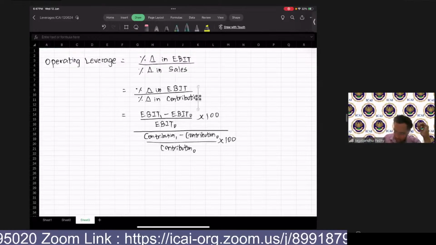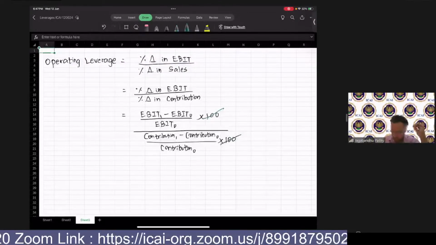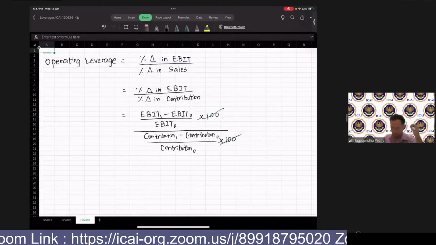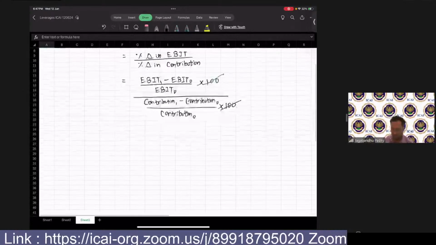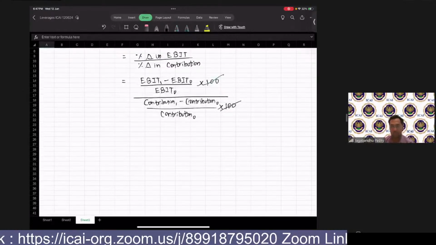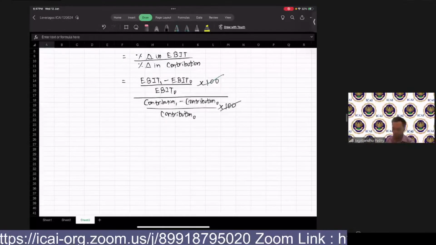We can cancel out the 100, and we are left with EBIT 1 minus EBIT 0 upon EBIT 0, and the same goes with the contribution.